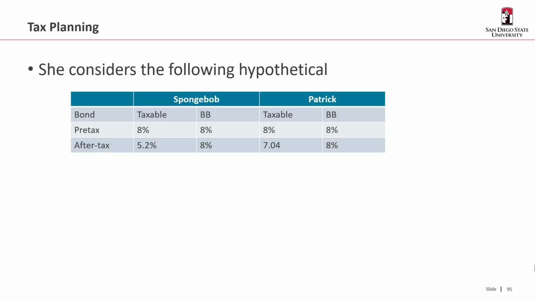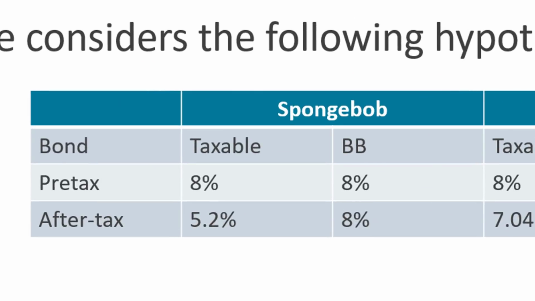Okay, so now Sandy considers the following hypothetical. So she says, if I'm SpongeBob and I'm comparing the taxable bond to the Bikini Bottom bond, well, the taxable bond pre-tax was 8%, after-tax was 5.2%. Whereas the Bikini Bottom bond, well, that's 8% pre-tax and after-tax, making that clearly optimal and by a long shot, right? 8 versus 5.2%.